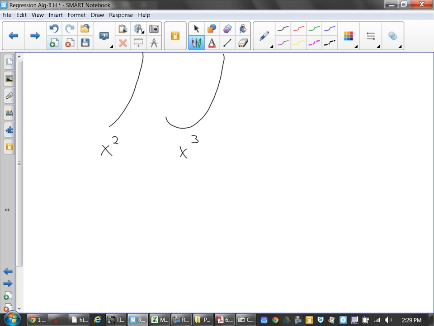This really only has one change of direction here, though, doesn't it? A fourth degree, if you rough sketch it, would do that, wouldn't it? And that would be a fourth degree. Now, in your mind, you'd be thinking, all right, I'm looking for three changes of direction. Here I only see two of them. Here I'm looking for two changes of direction, and I only see one, and so on.